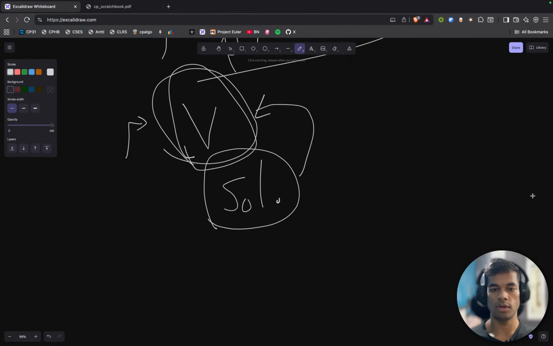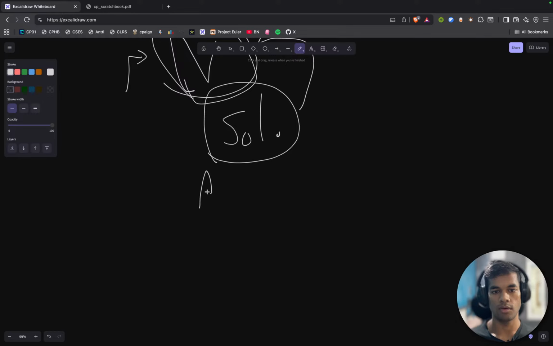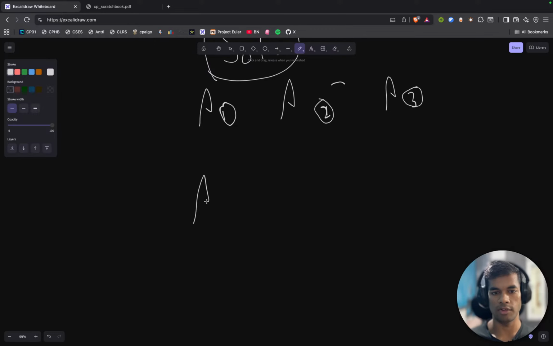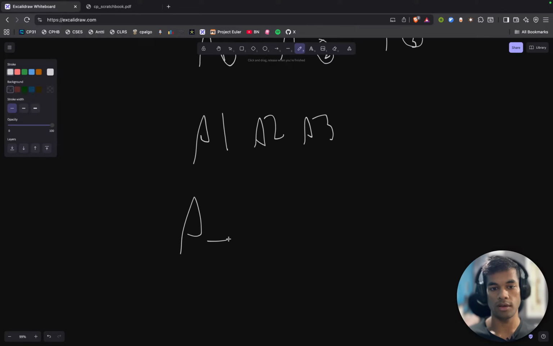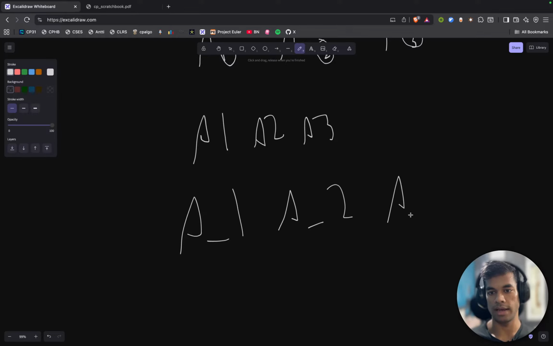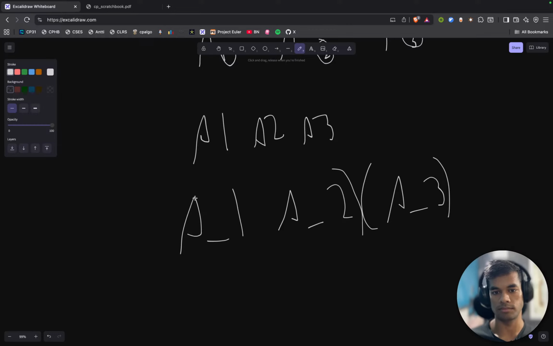And what we would like to have is when we are multiplying A1, A2, and A3 in our solution itself, since I don't know how we can put subscript in terminal, we will represent this like this: A1, A2, A3, or a better solution would be A underscore 1, A underscore 2, and A underscore 3, and we can have brackets like this.